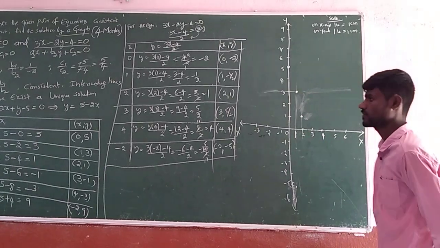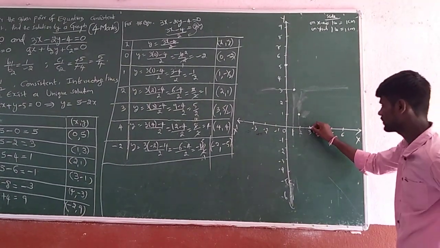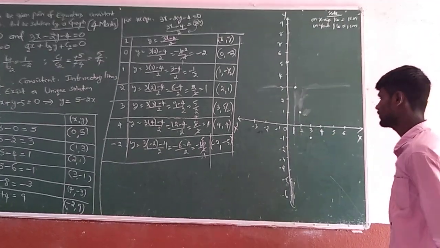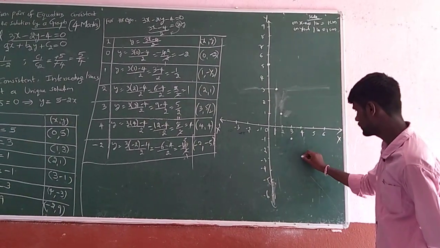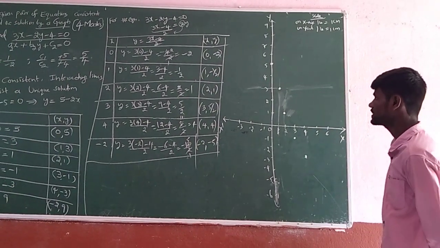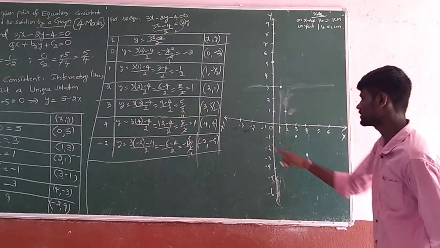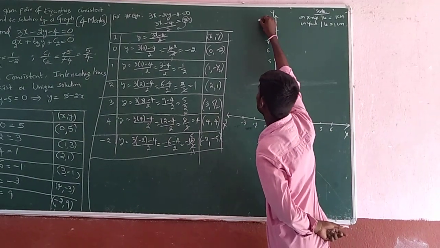Next 3, minus 1, which is below. Both will intersect here. Then 4, minus 3. Next, minus 2, 9: minus 2 on x and 9 above.